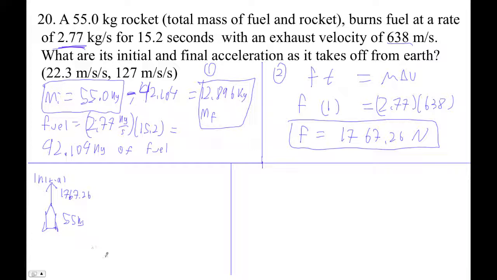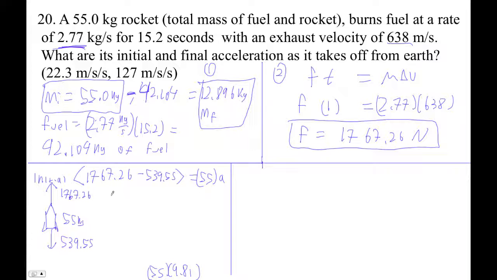We have a downward force of 55 times 9.81, which is 539.55. Right, so now we're set. We can go 1767.26 minus 539.55 is 55a.